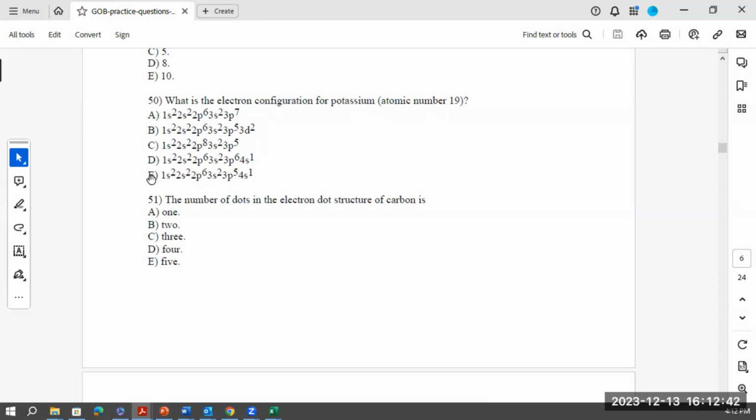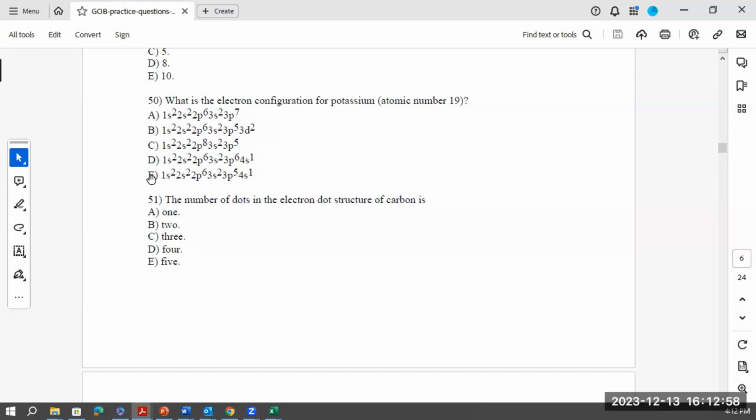Because it should match up the number of protons, because they have to balance out. So one quick way of doing it is just counting the total of your superscripts. It should add up to 19. So that's one way of getting rid of some of the things that may not make sense.